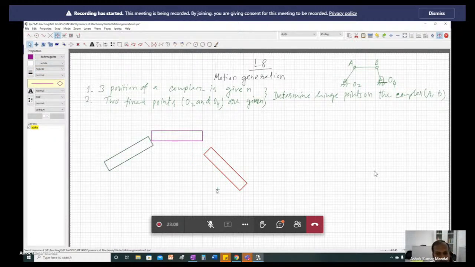Okay. So these three positions are there for a coupler, and let's say this is position one of the coupler, and this is position two, and this is position three.